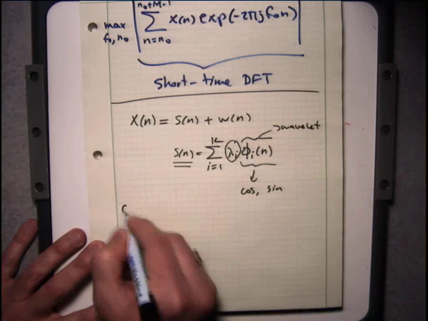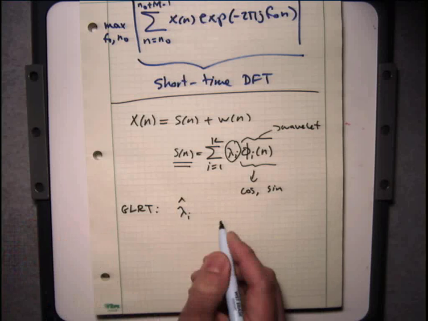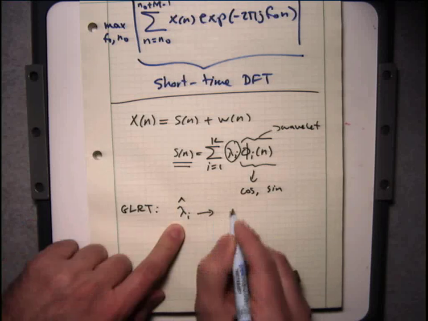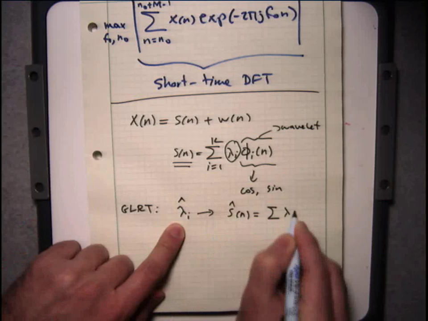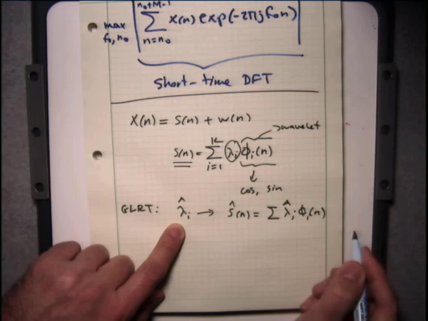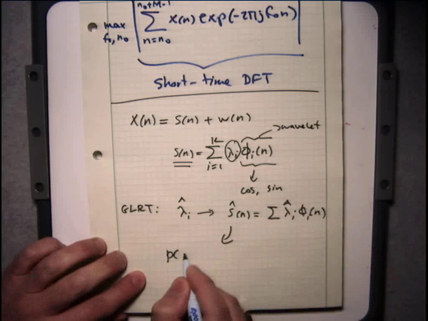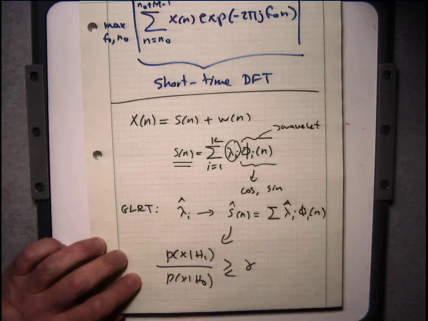GLRT will do the following. You will estimate the lambda i hats, which are the coefficients, using maximum likelihood. From this, you would write s hat of n as the sum of lambda i hat phi i of n. And then this would get plugged into the p of x given h1 over p of x given h0. And then you would compare to a threshold. Does that make sense?